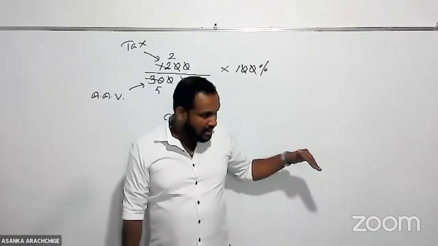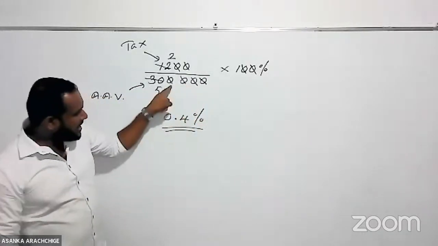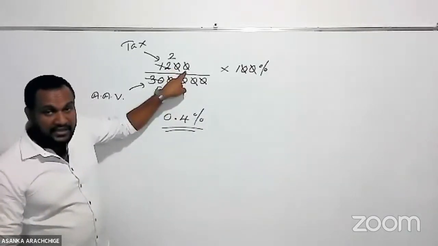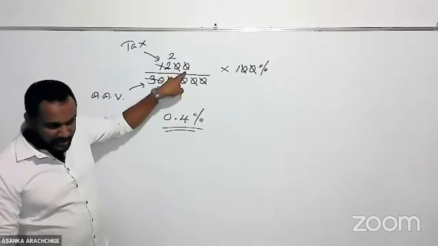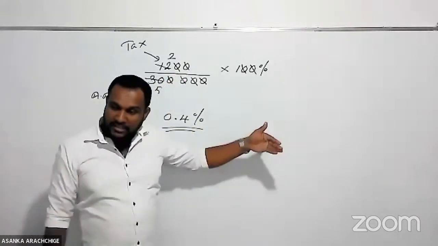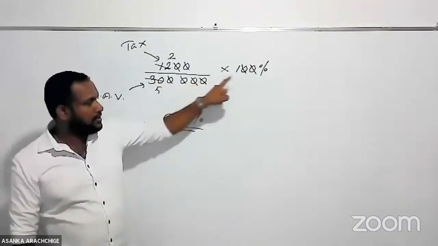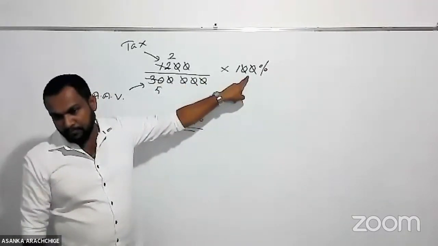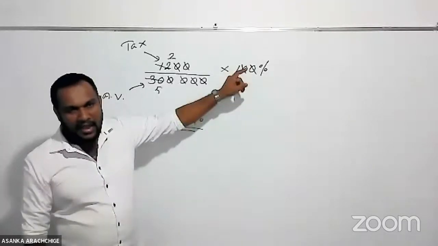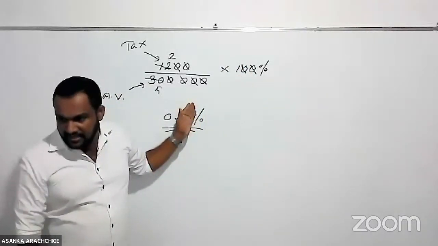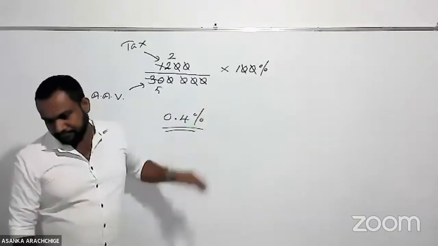Understood? So this is the annual assessed value and this is the tax per year. The tax percentage means what is the tax if the annual assessed value is 100 rupees.